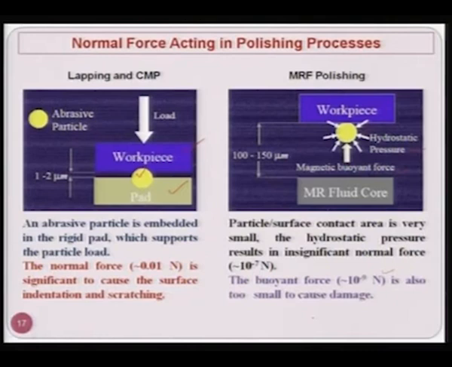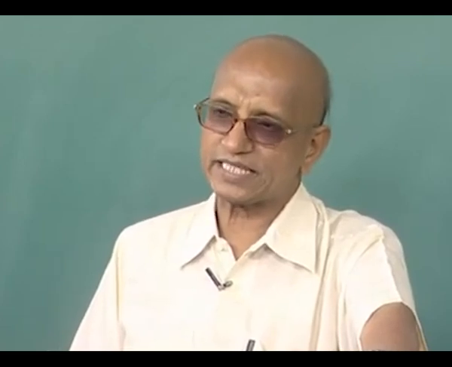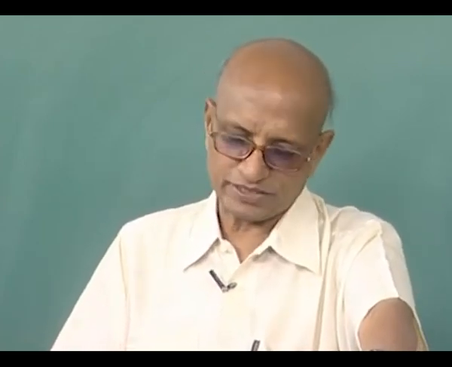That is why in case of the magnetorheological finishing process, workpiece surface damage is more or less absent, and it is reasonably high in case of chemomechanical polishing as well as lapping processes, which is quite evident from this particular slide.